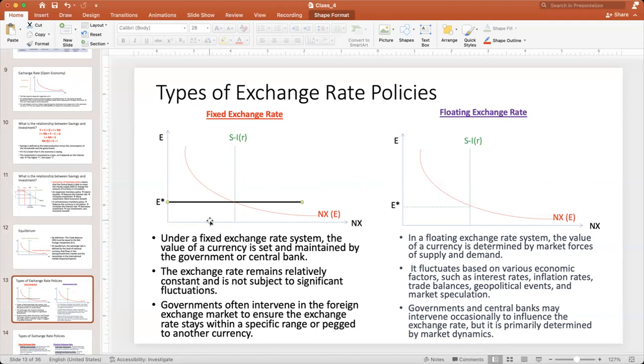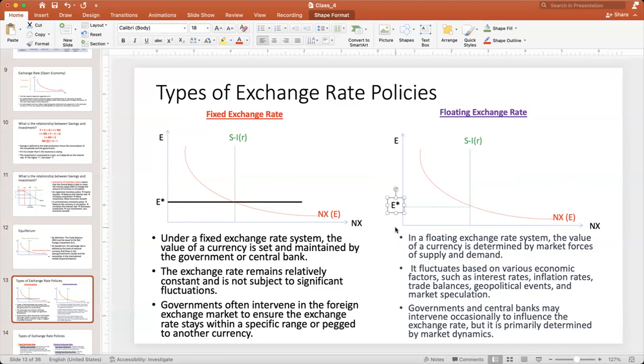So in a fixed exchange rate, governments often intervene in the foreign exchange market to ensure the exchange rate stays in this specific range or at this specific level. But in a floating exchange rate, the equilibrium price of the currency is determined by the market forces of supply and demand.